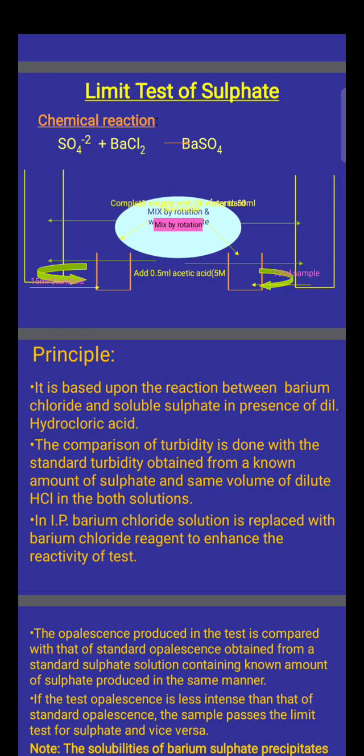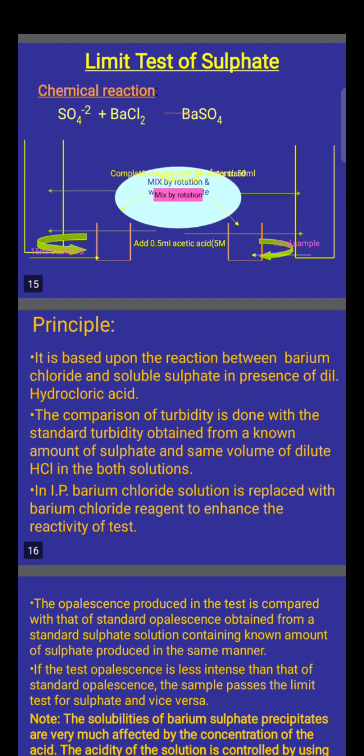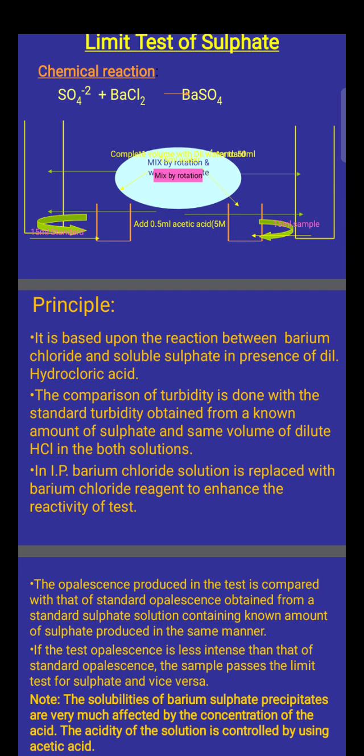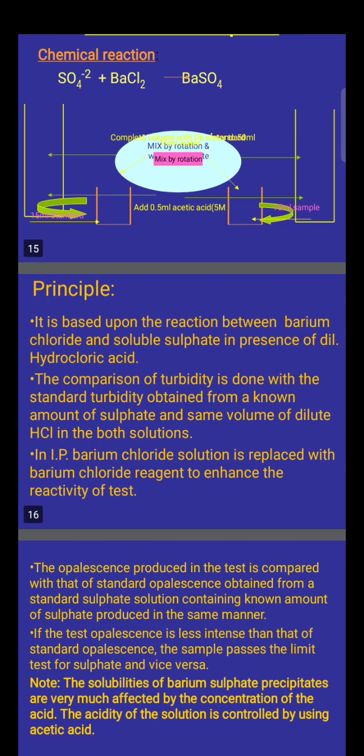Then if we see the PPT of this barium sulfate in both of the Nessler cylinders, standard and test, of course there will be the reaction in standard as we have already added sulfate in that, so it will form barium sulfate PPT. But if we check the impurity present in the test sample, the test will show less intensity or more intensity as compared to the standard, that we have to check.